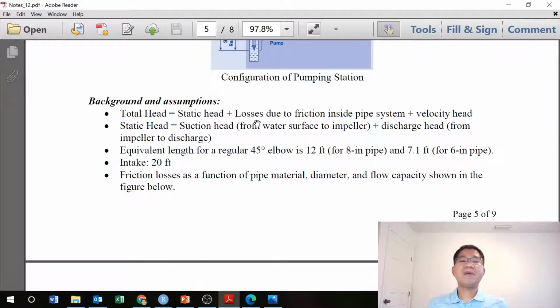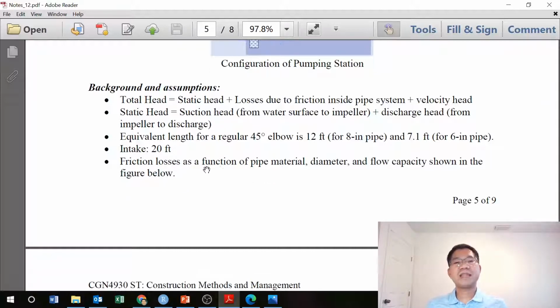This one they gave; remember, in the exam 1 reference, we are able to determine the equivalent length for different fittings, if you recall that. And then the intake is 20 feet.